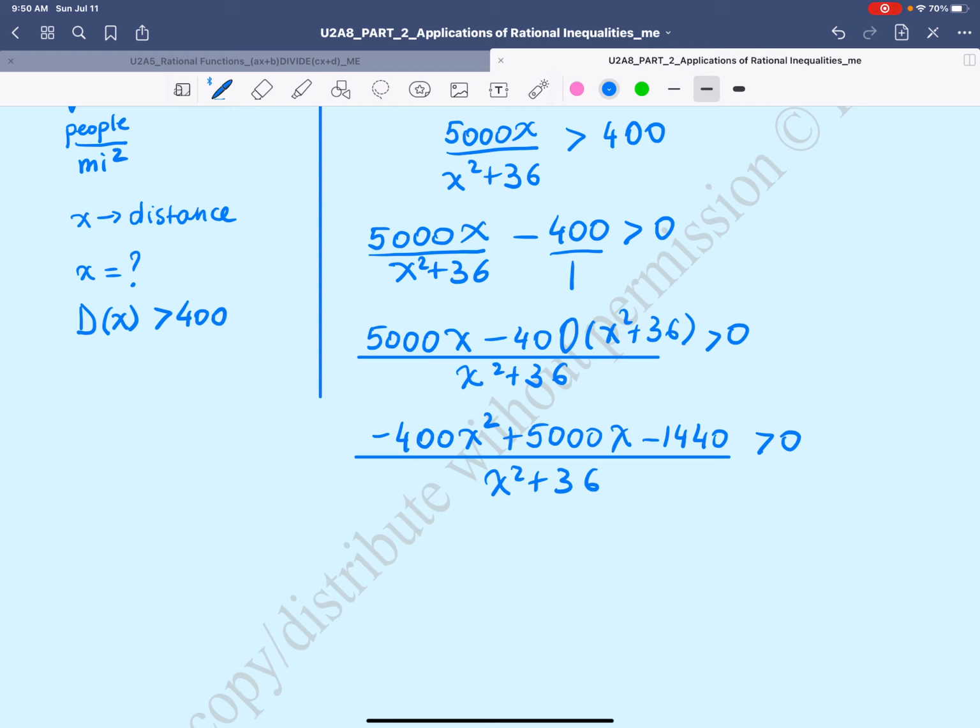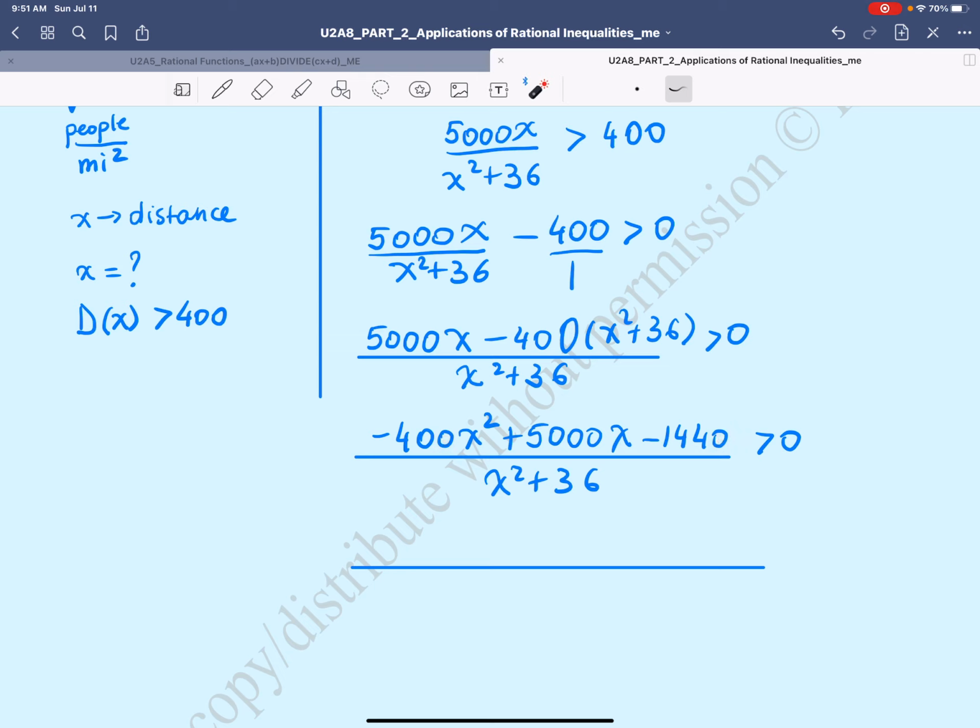As you can see here, the leading coefficient starts with a negative. What we want to do is take out the greatest common factor along with a negative sign from the numerator. That will make the process of solving the inequality a lot easier. I can see that I can go for at least negative 10 because we end with a 0.